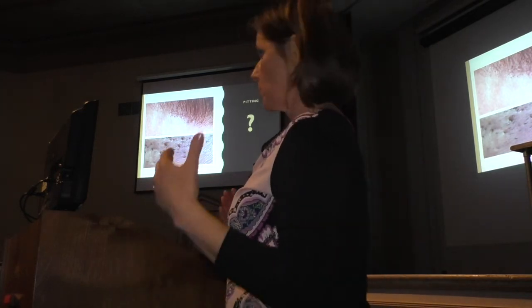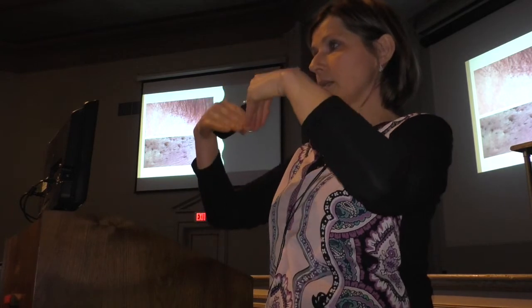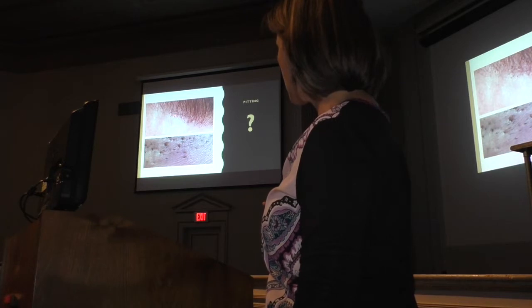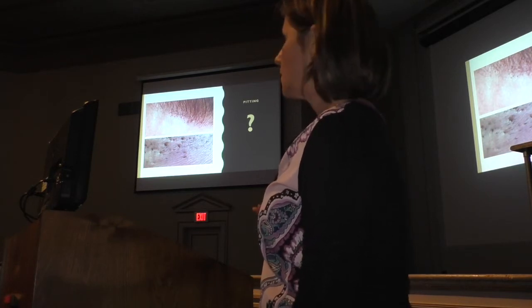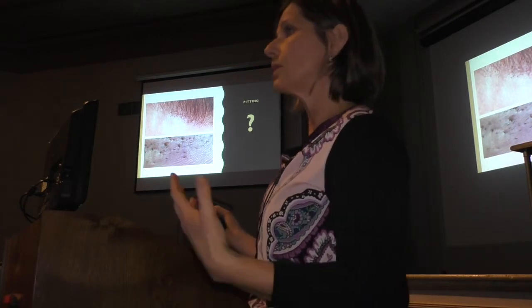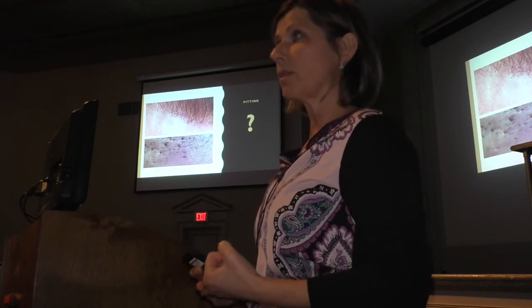Pitting is the situation where the skin around the graft gets inverted and creates this indentation. It could be subtle like this, or it can be more obvious like that. Pitting is a problem of graft placement. So does anyone know, was this graft placed in the wrong direction?